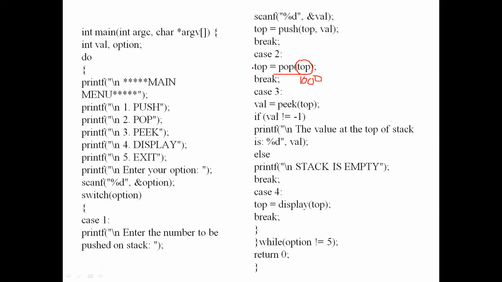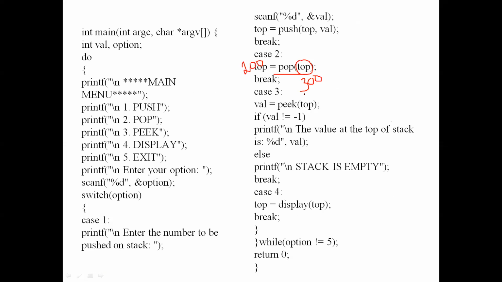I will erase this, because earlier this was 300. Now after executing the pop function, the top value is assigned with 200.